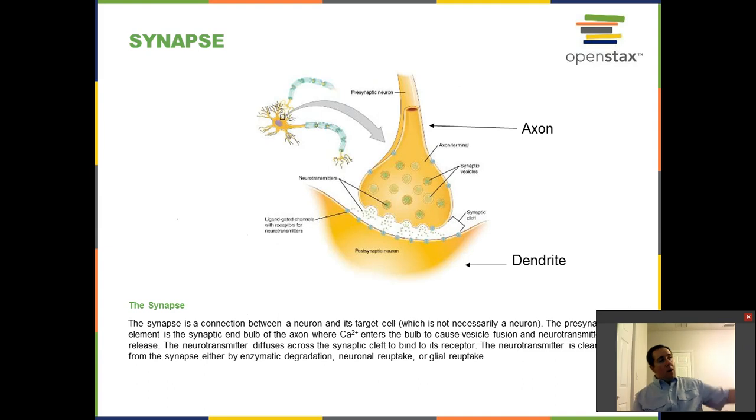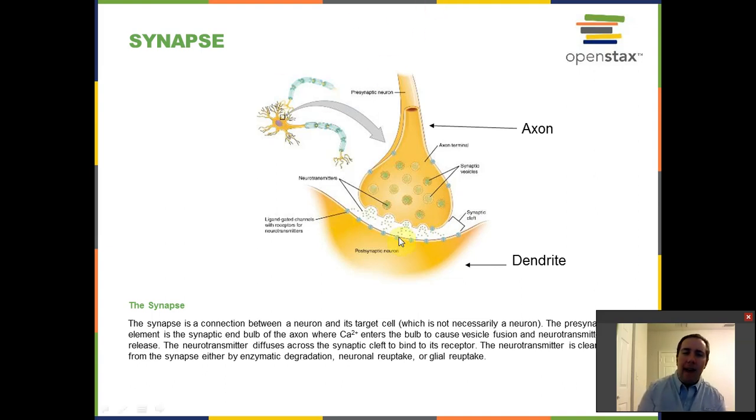So now we have initiated the signal. It has moved all the way down the axon and it has gotten to the end. We now need to send that signal from the axon of one neuron to the dendrite of another neuron. On one of our diagrams, we saw the synapse. I said the synapse is the tiny, tiny space between an axon of one neuron and the dendrite of another, and that's what we're looking at here.